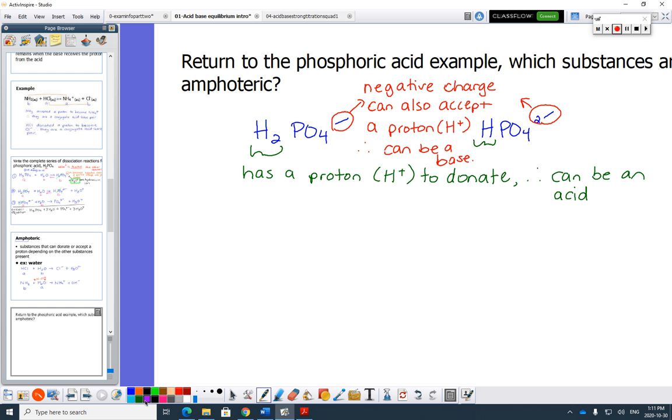So anything that's got at least one H and a negative charge can be amphoteric, also water.